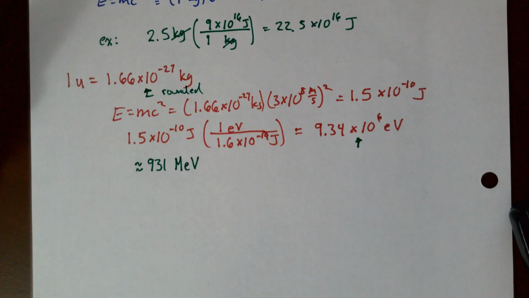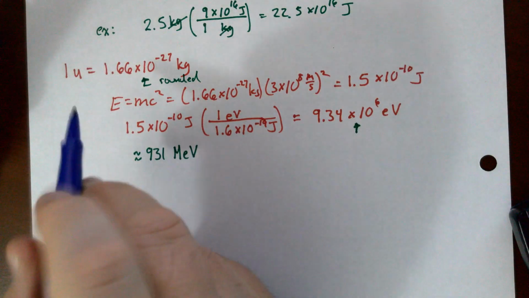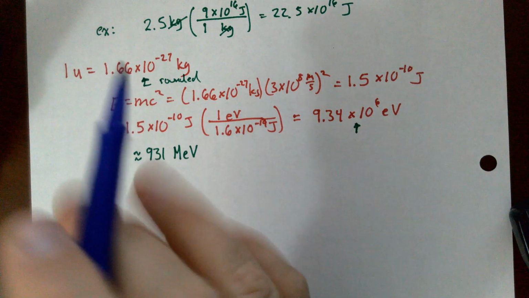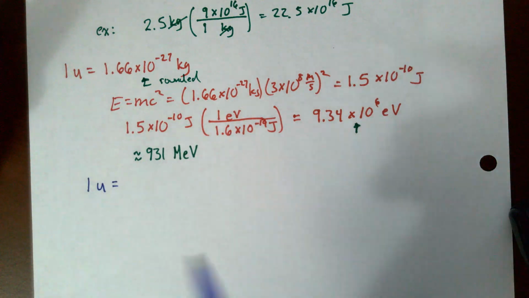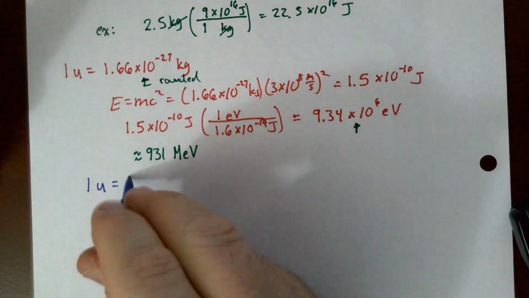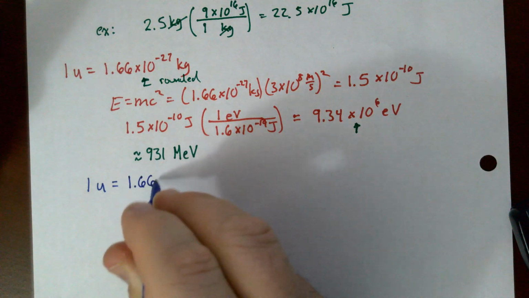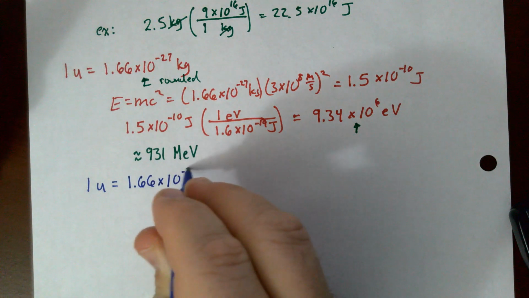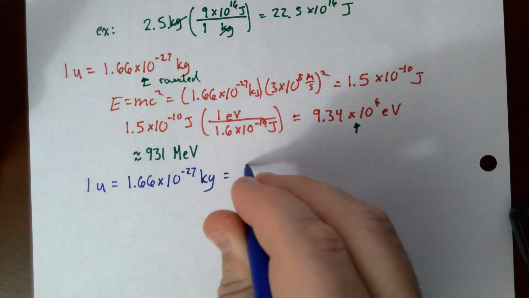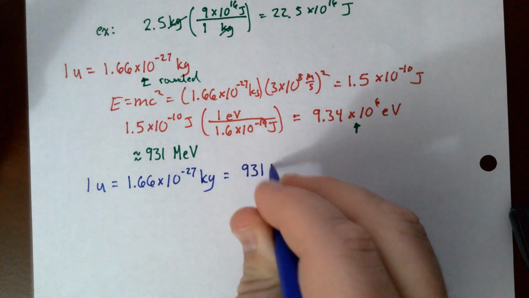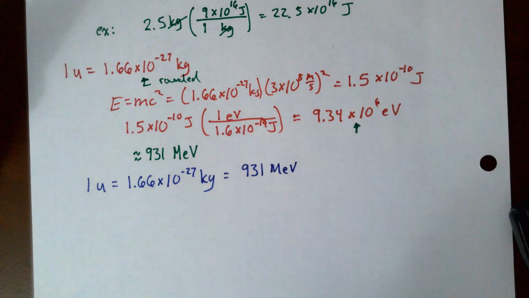So on your equation chart for Physics 2, there is the very last line at the bottom of the table of constants, a line that looks like this: 1 AMU, or 1 u, 1 atomic mass unit, is equal to 1.66 times 10 to the negative 27 kilograms, which is equal to 931 mega electron volts.